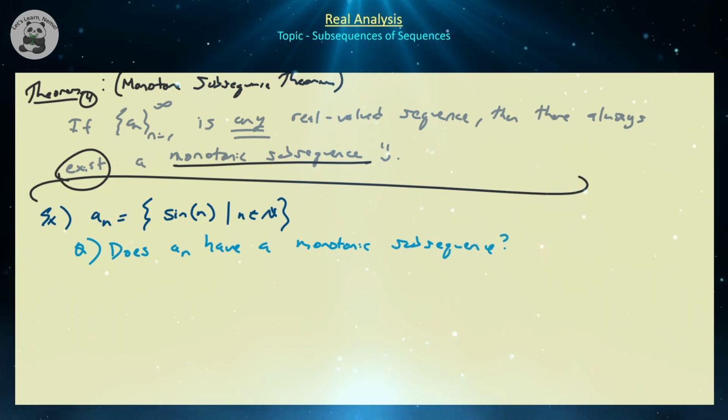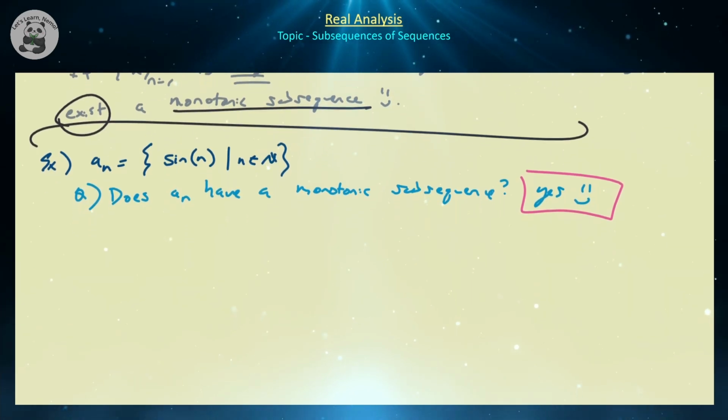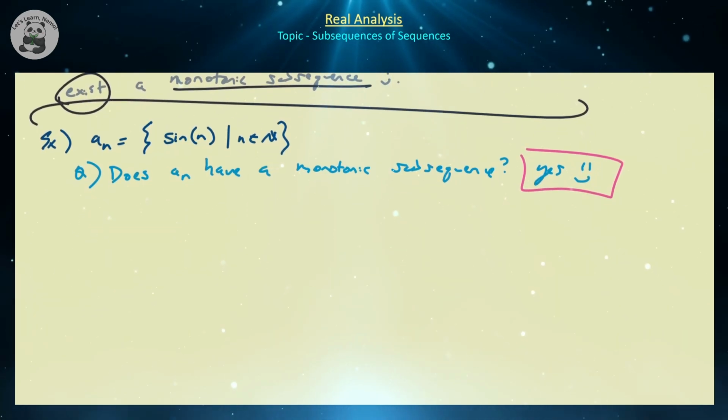Even if you have never analyzed this sequence, it's indeed a sequence. So does it have a monotonic subsequence? According to the monotone subsequence theorem, the answer is yes. Then the fun part becomes, can you find it? Yes or no? That's another investigation. And sometimes it can be very complicated depending on the sequence.